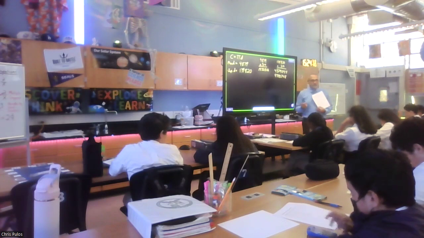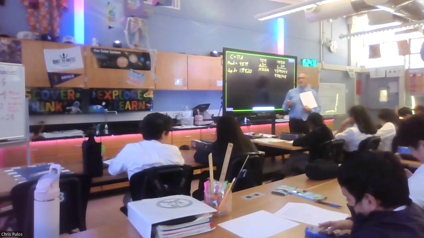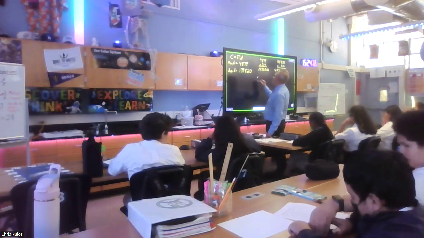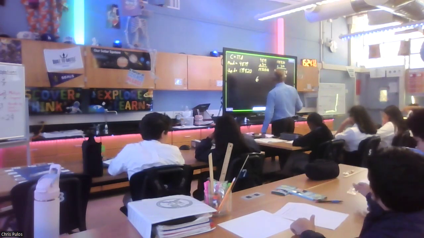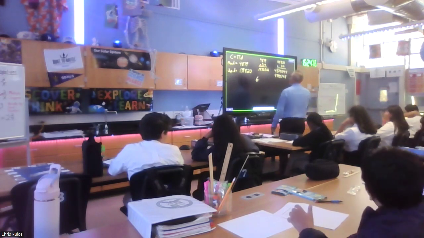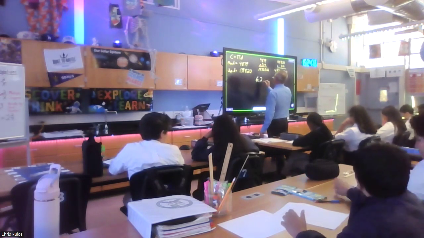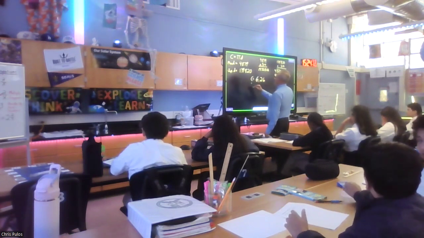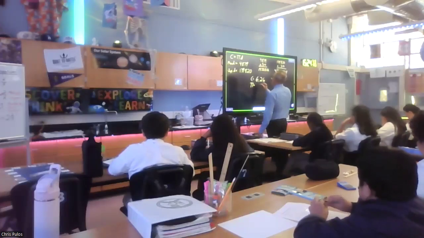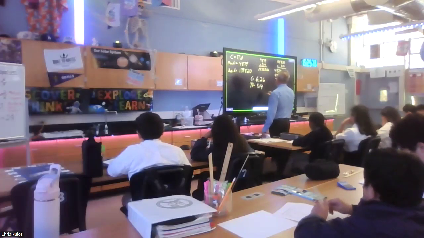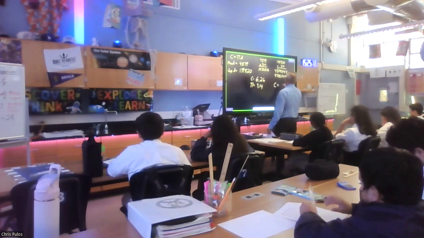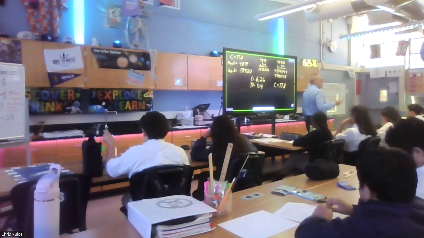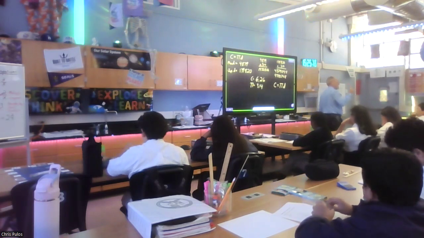I got taught in yesterday's lesson, you can take the circumference. So if I have a circumference of 6.28, and I know that pi is equal to 3.14, we're looking for the diameter.